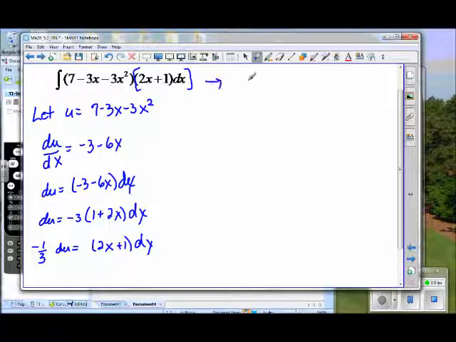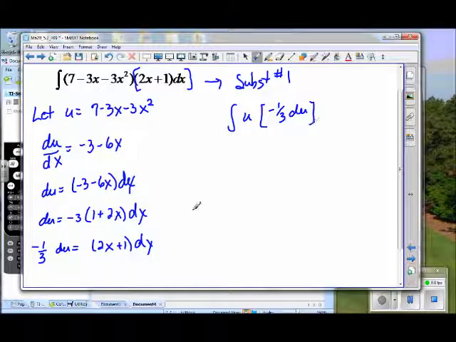Now if I look at my problem and I do the first substitution, I could substitute this quantity here as u, times negative 1/3 du. Again, this is a scalar. It can come out in front, so I have negative 1/3 the integral of u du, and I can integrate that.